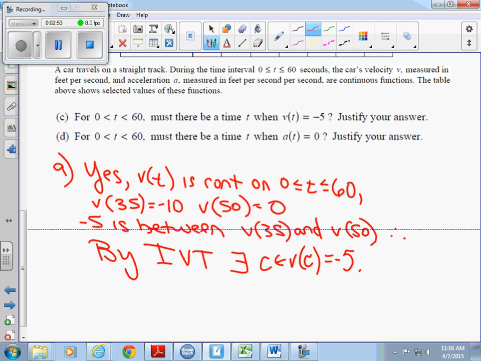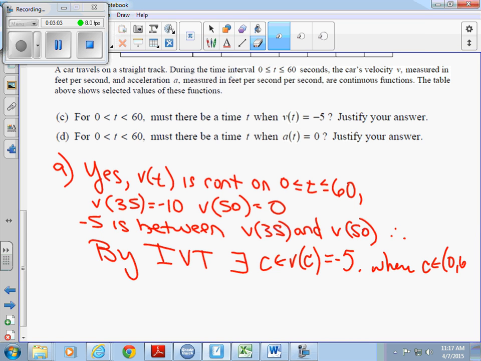There exists C where C is between, actually not 0 to 60. What did I use? 37, 50? There is a C between 35 and 50 where B of C equals -5.